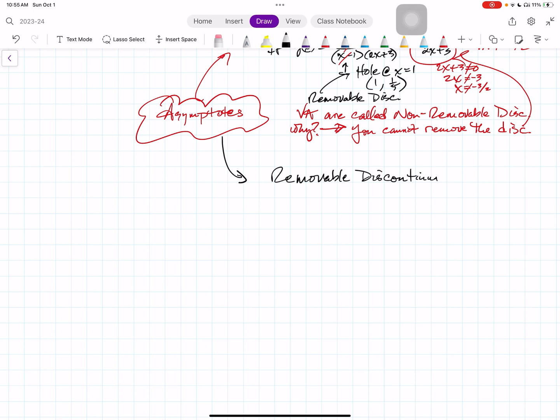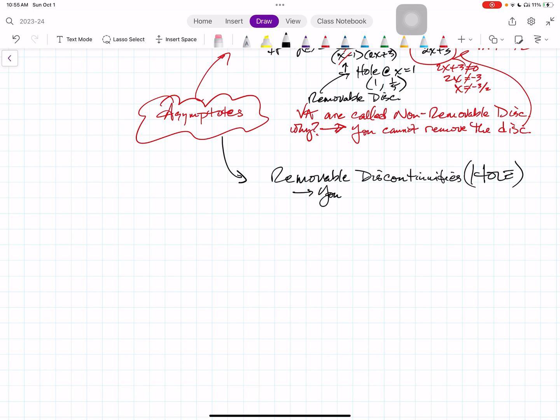We're talking about the big concept of what it means to be a hole. It's an infinitely small point on the graph where the function is undefined, but in this case, it can be removed by simplifying. So you have a hole.